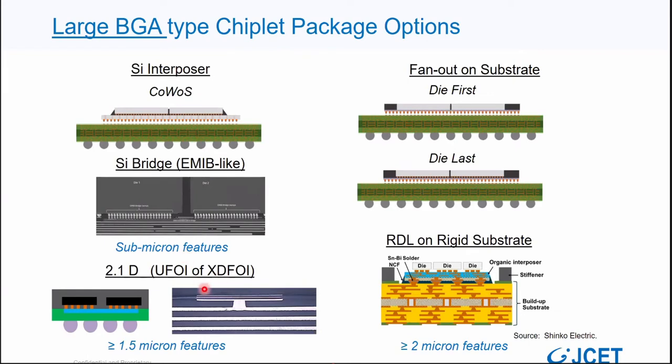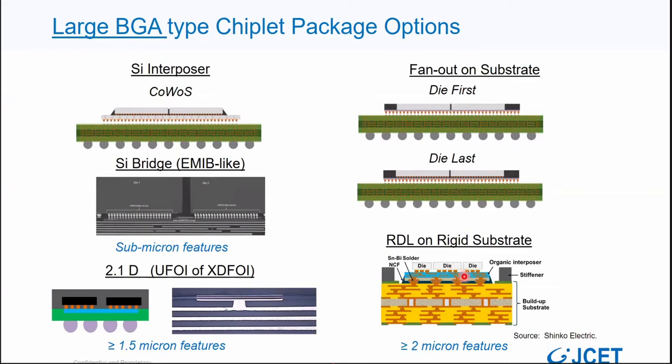Basically, in our JCET group, we call it UFOI of our XDFOI family. Basically, this is a fine RDL layer embedded inside the BGA substrate. Or for some other companies, 2.5D builds the fine RDL layer entirely on the FCPGA substrate, like Hitachi proposed. Then the sixth one is RDL on rigid substrate.